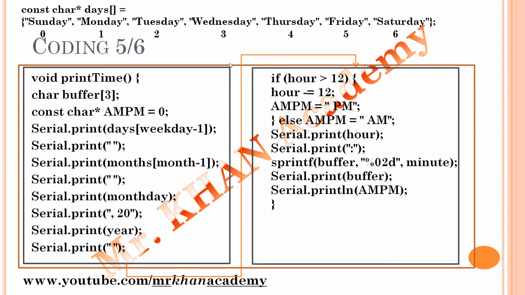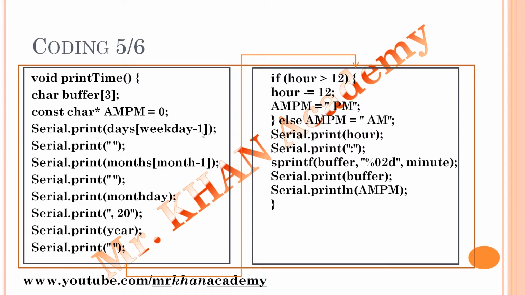But for our array, Wednesday is 3. The index is 3. For that purpose, weekday minus 1. Suppose the RTC sends 4, but I require 3. Because 4 minus 1, I will get 3. If the RTC says Friday, then according to the RTC it will be 6. But for the array it is 5. Because of that, 6 minus 1, we will get the exact 5. To get the exact date and time, that is why I am using weekday minus 1.